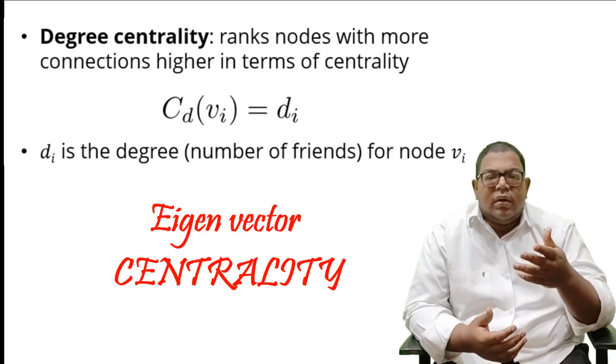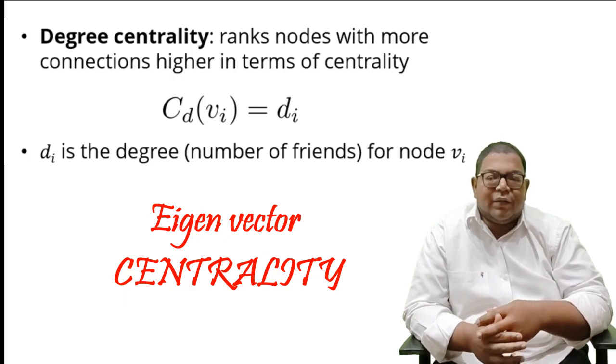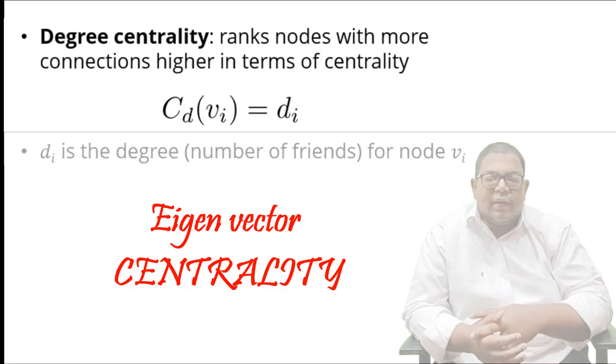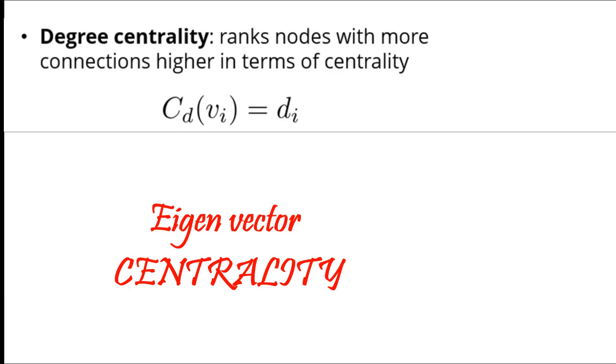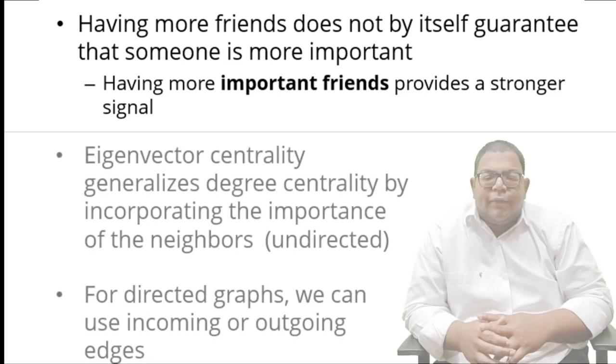There is another approach called eigenvector centrality, and that's what we are going to discuss now. Eigenvector centrality generalizes degree centrality by looking into my neighbors, analyzing whether my neighbors are important. Are they connected to a considerable number of people?